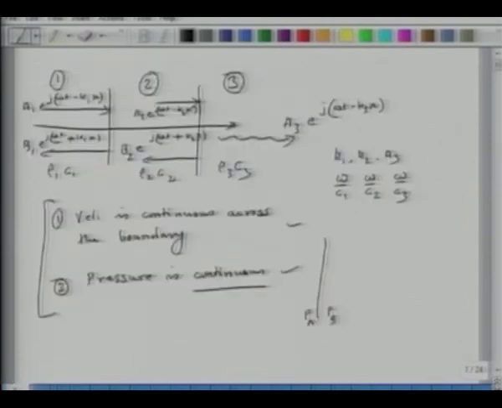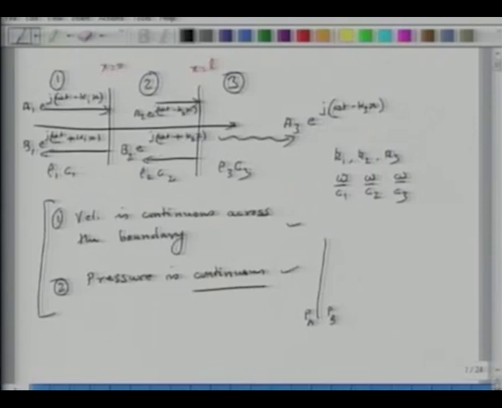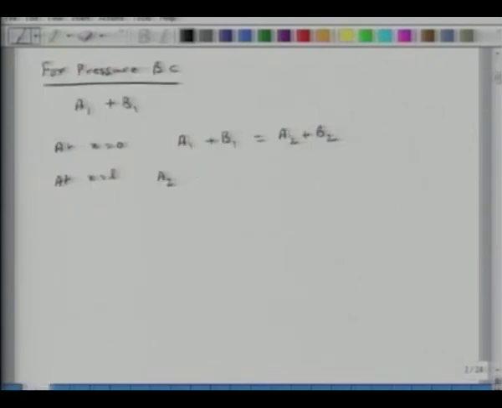Here x equals 0 and here I am saying x equals L. So at x equals 0 my boundary condition is A1 plus B1 equals A2 plus B2, and at x equals L, I just put x equals L in these expressions, and I get A2 e^(minus j k2 L) plus B2 e^(j k2 L) equals A3 e^(minus j k3 L). So this is my pressure boundary condition.